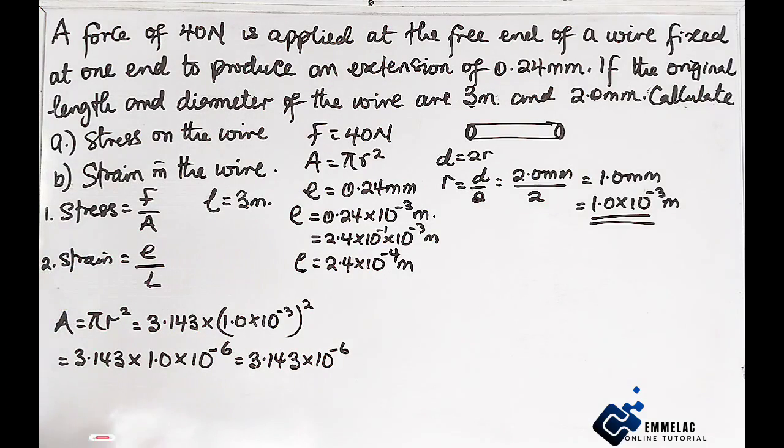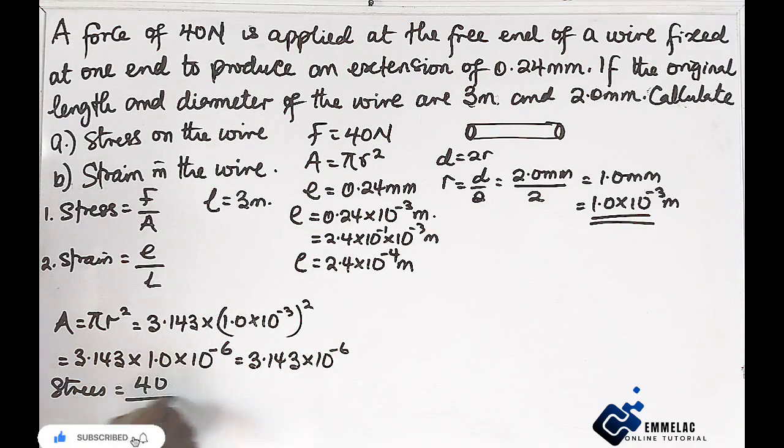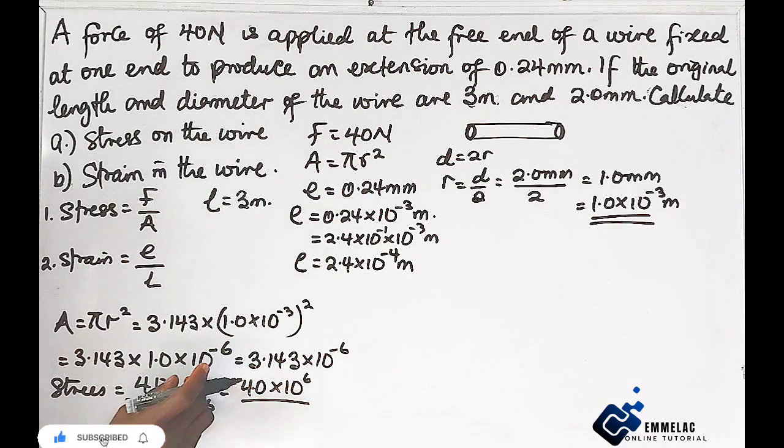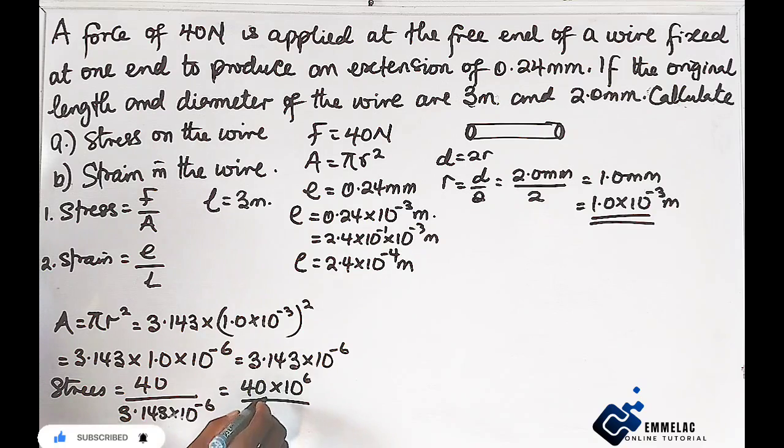So the stress here will be force, which is 40, all over the area, that will be 3.143 times 10 raised to the power of minus 6, which is the same thing as saying 40 times 10 raised to the power of 6. That's when you bring 10 to the power of minus 6 from the denominator to the numerator, this negative sign becomes positive, all over 3.143.